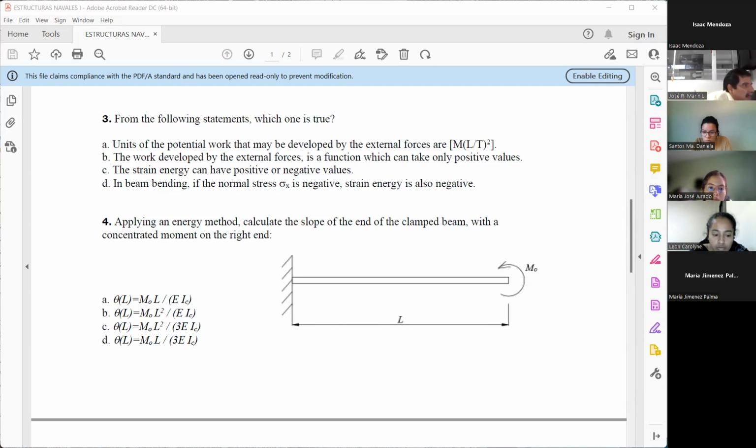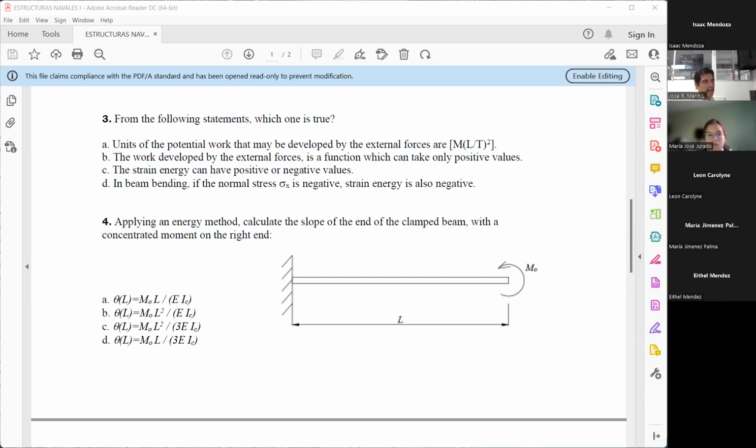Mr. Mendez, how many equations do you have here to find these reactions?